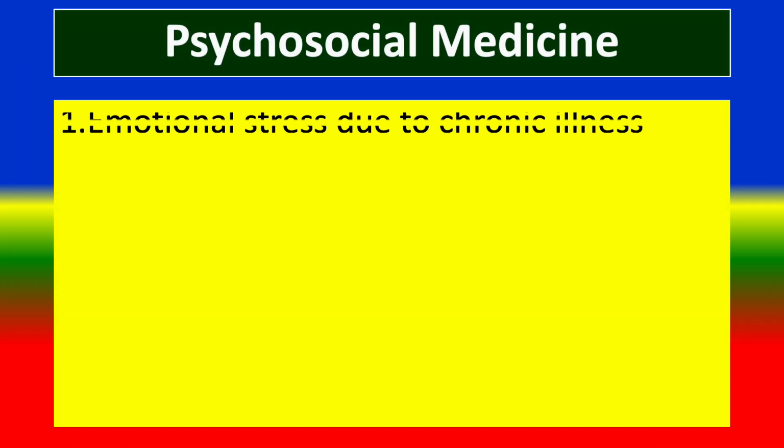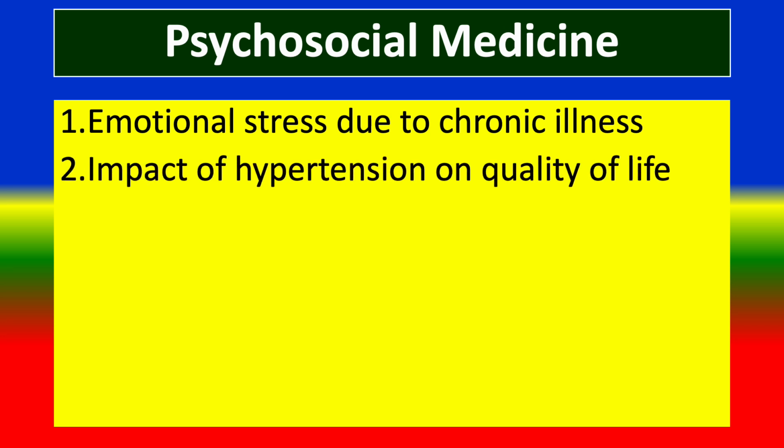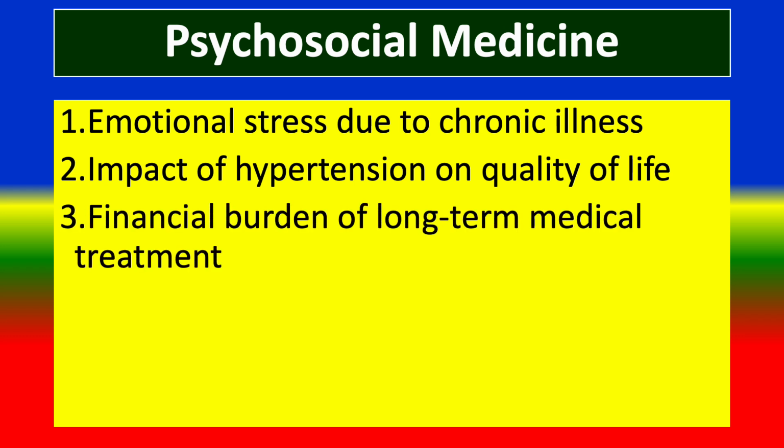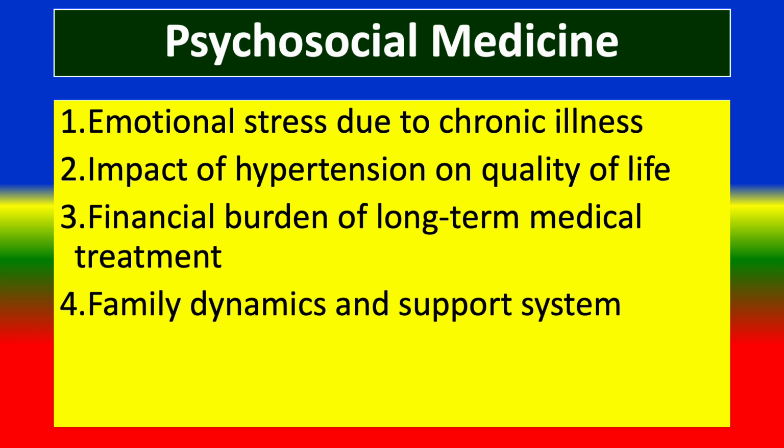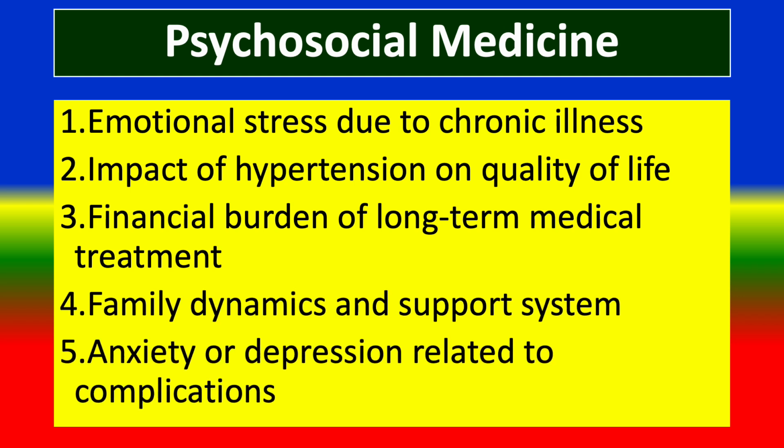Psychosocial aspects. 1. Emotional stress due to chronic illness. 2. Impact of hypertension on quality of life. 3. Financial burden of long-term medical treatment. 4. Family dynamics and support system. 5. Anxiety or depression related to complications.